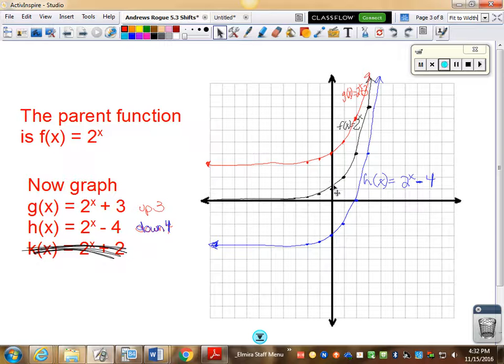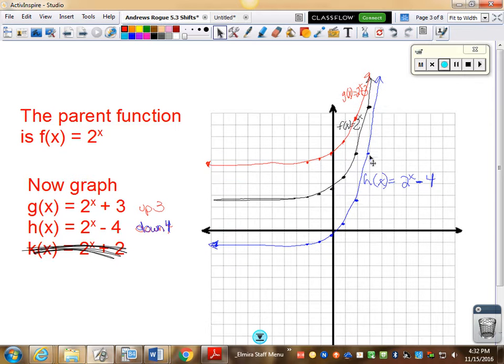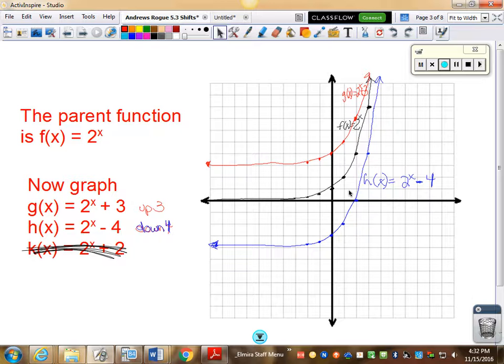So that means my graph is going up by 3. So I went up 3 to make this graph. -4 means take this graph and go down 4.